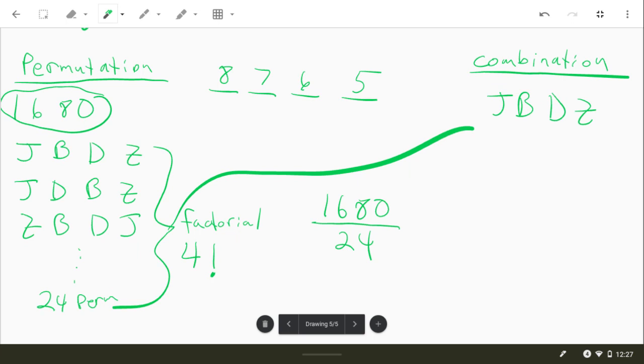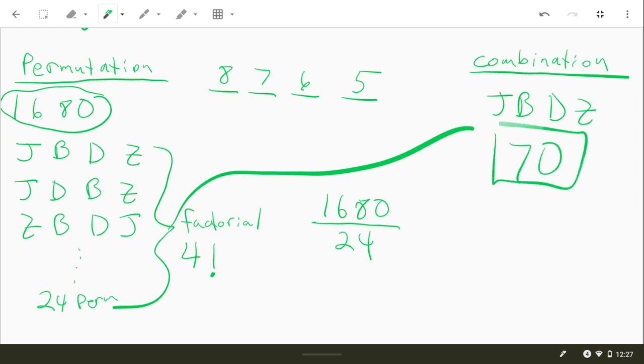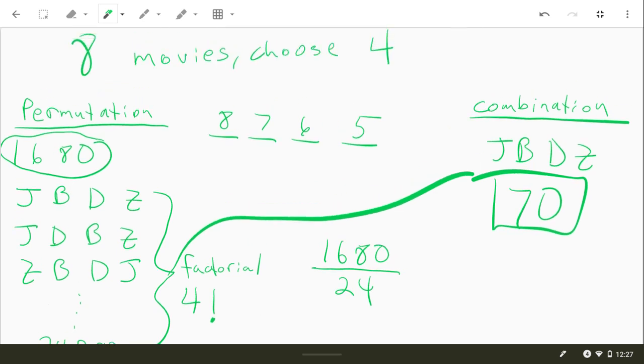So 1,680 divided by 24 gives me 70, only 70 combinations. So if you don't care about the order in which you watch these movies, if there's 8 movies to choose from and you're only watching 4, there's only going to be 70 possible combinations.